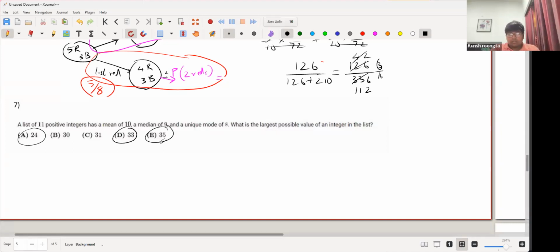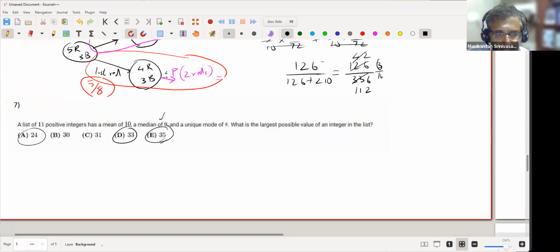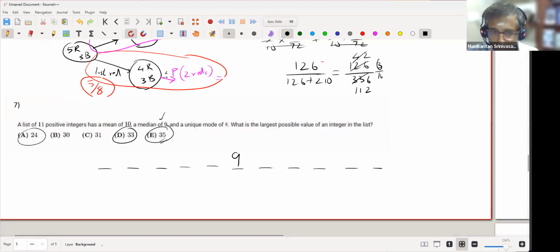Okay. All right. So 11 positive integers. Median is 9. So there are 5 on this side and then 9 is sitting here in the middle and then 5 on this side.